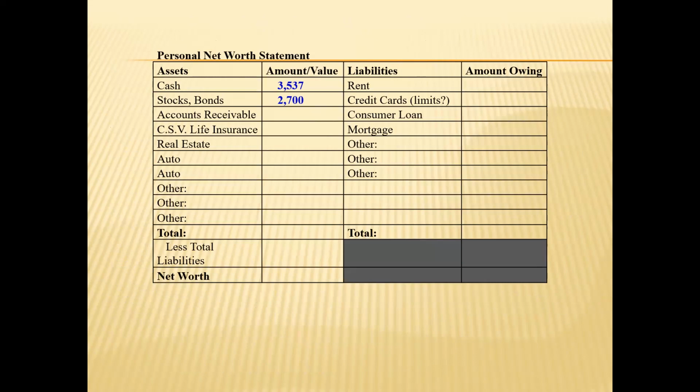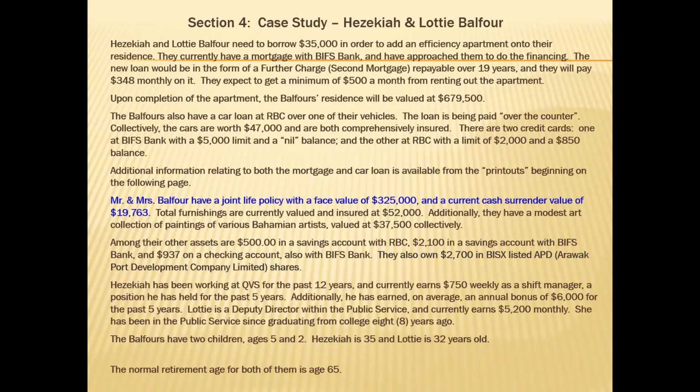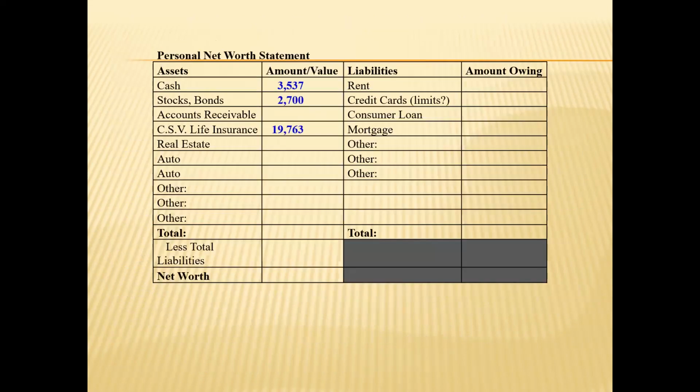Do they have any accounts receivable? I don't think so. What about cash surrender value of any life insurance? 19,763. They have a joint life policy, face value 335,000, and cash surrender value of 19,763. So we put that in there.